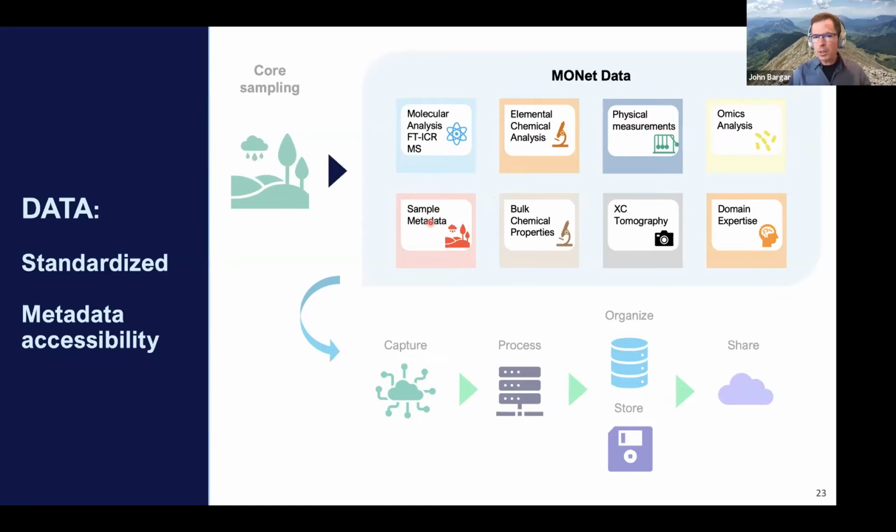So what are metadata? Well, metadata, to me at least, this is all the ancillary information from the field, antecedent moisture conditions, the greenness of the site that day, aspects about how you collected the samples. It's also everything that went into the data analyses. These are things that typically get written down in notebooks. And the idea is that by getting the sample metadata, by documenting it and drawing it into the database, we can begin to encode a lot of the domain expertise that went into all the little steps.